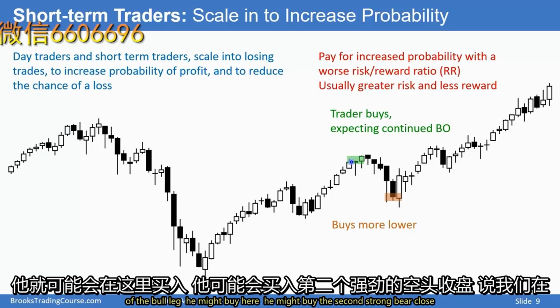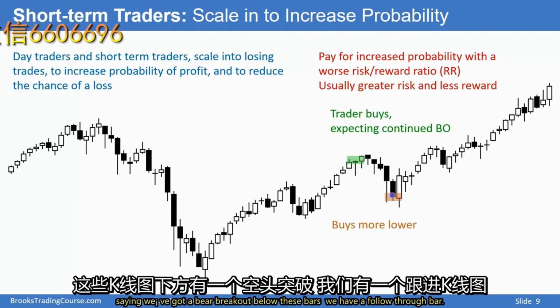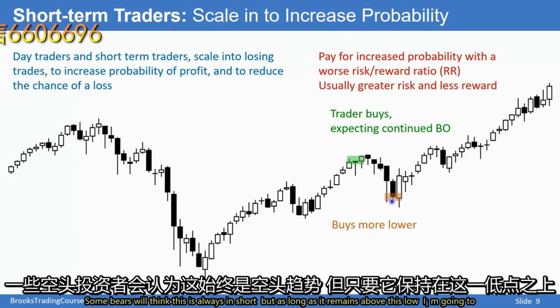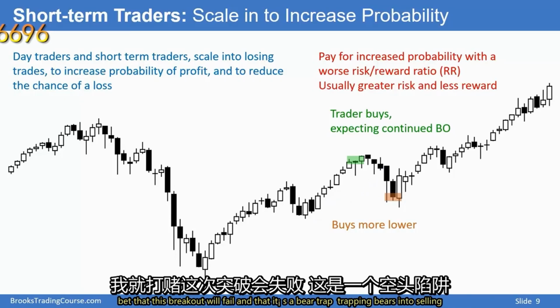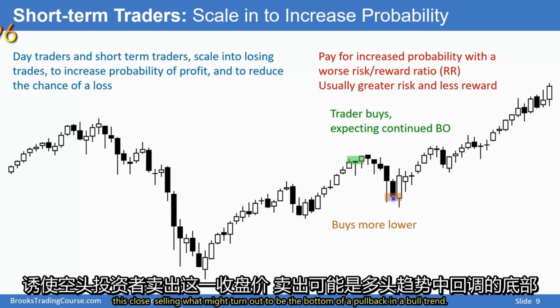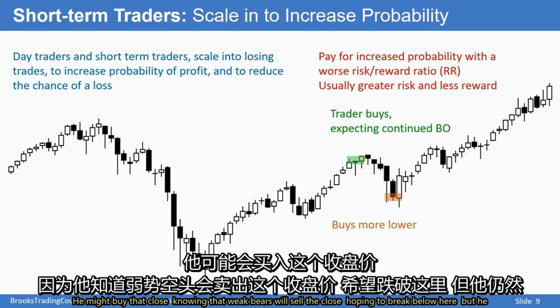He might buy here. He might buy the second consecutive strong bear close, saying we got a bear breakout below these bars. We have a follow-through bar. Some bears will think this is always in short, but as long as it remains above this low, I'm going to bet that this breakout will fail and that it's a bear trap, trapping bears into selling this close, selling what might turn out to be the bottom of a pullback in a bull trend.